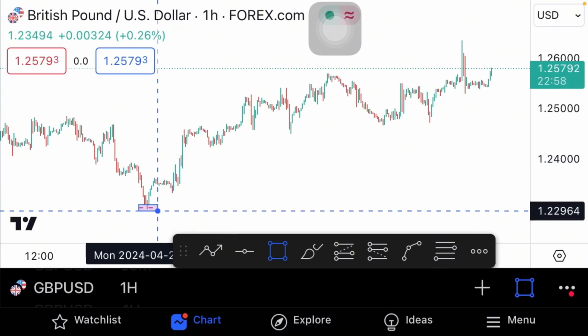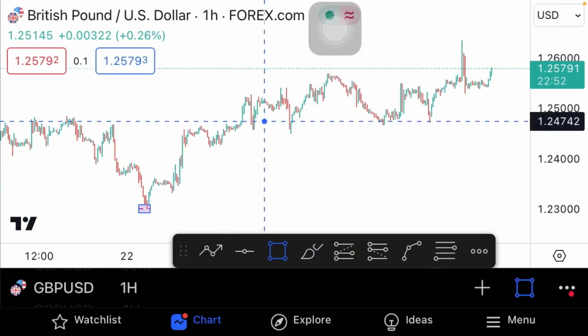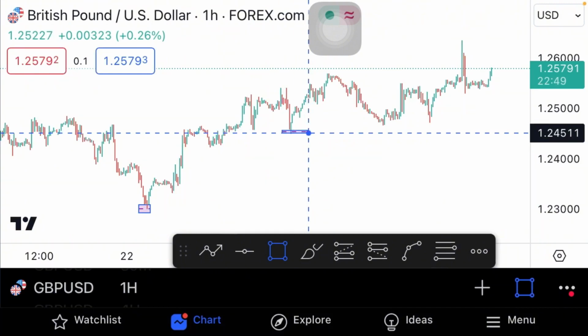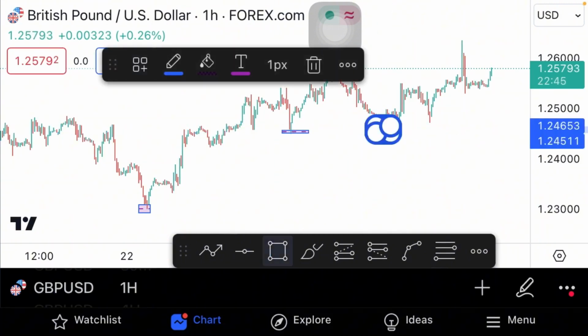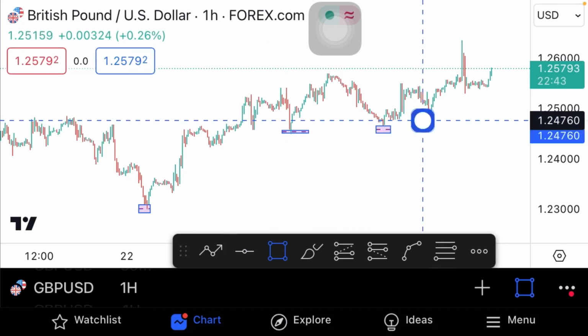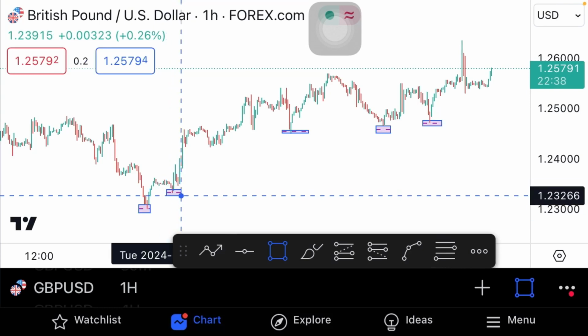This is a significant low here. This is a significant low. This is another significant low here. This is another significant low. This is another. We are going to mark out all the significant lows. This is another significant low here.